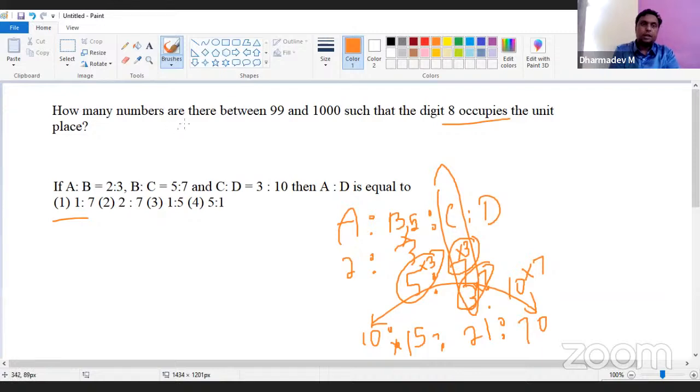From 108, I can say 108 is 1. Again 118, and so on. They need only the unit place. So 10 times what?